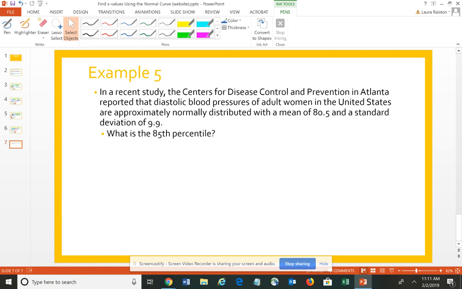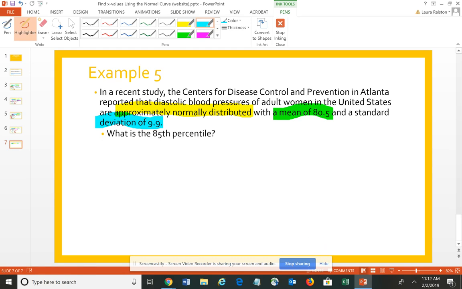And one more. In a recent study, the Centers for Disease Control and Prevention in Atlanta reported that the diastolic blood pressure of adult women in the United States is approximately normally distributed with a mean of 80.5 and a standard deviation of 9.9. Notice they tell us that it's approximately normally distributed.